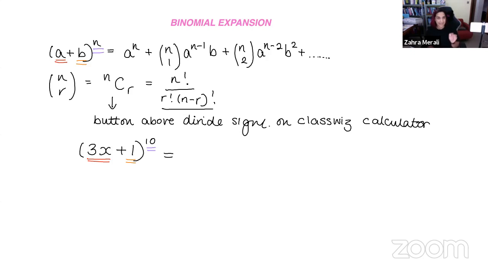So your a is 3x. I'm going to take my 3x, and I'm putting it all in a bracket. That's really important. And so we could do (3x) to the power of 10. Then I could have 10 choose 1. And now you'll see why this is giving it to me backwards, because I'm saying I want it in descending order.